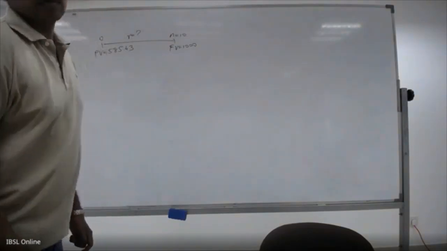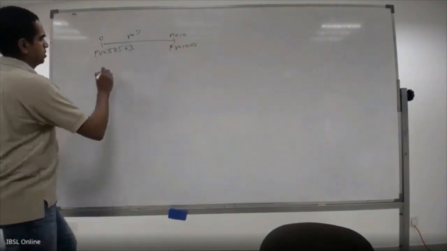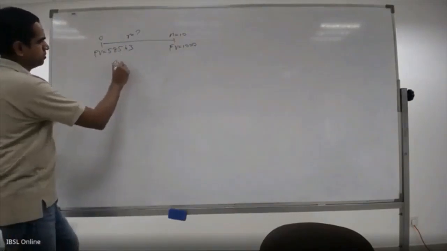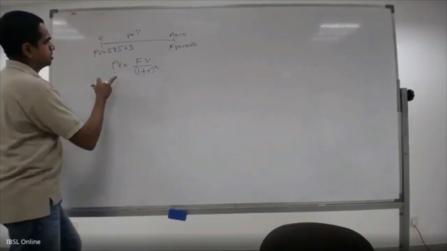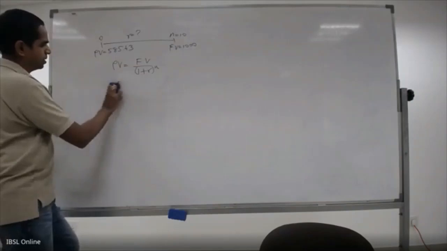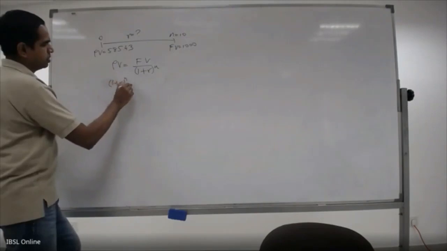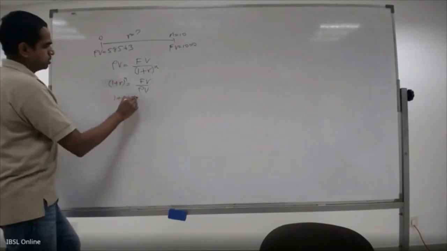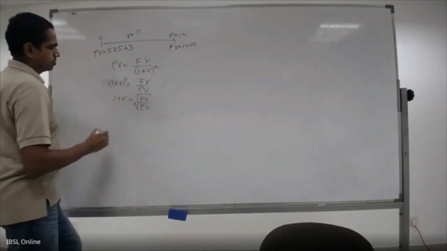It's a simple present value or future value calculation. Let's use present value. Present value is future value over 1 plus r to the power n. We need to calculate r. So 1 plus r to the power n is the future value over present value. 1 plus r is the future value over present value, the nth root.